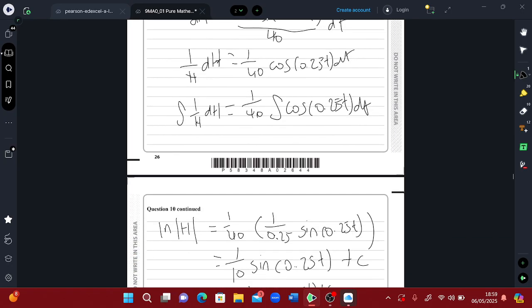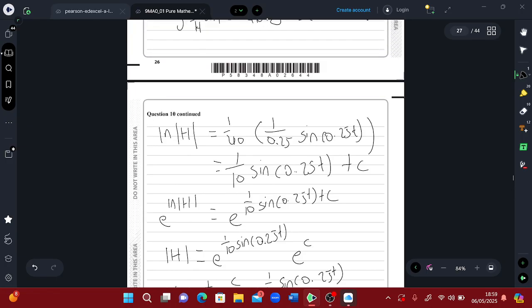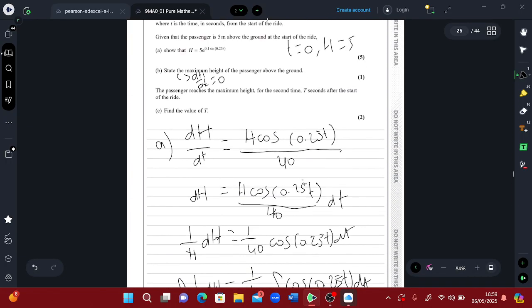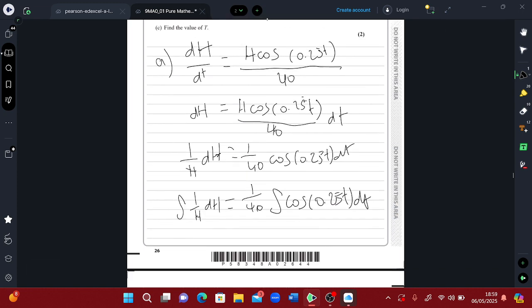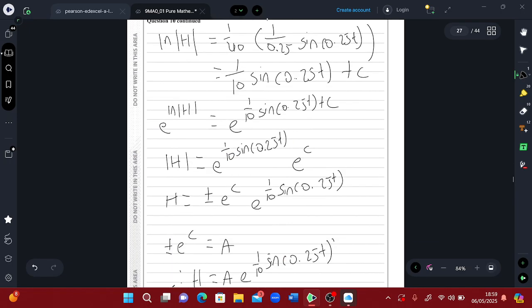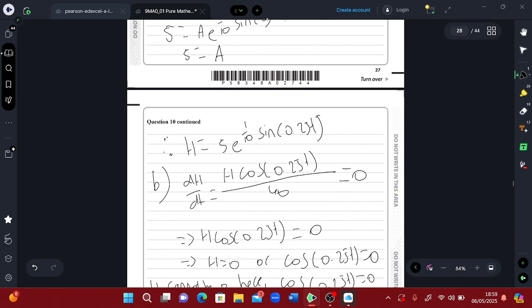Now, actually, we've kind of done this already. So let's read that again. Reach the maximum height the second time after the start of the ride. So we're interested when it reaches the maximum height 2 times, not once.